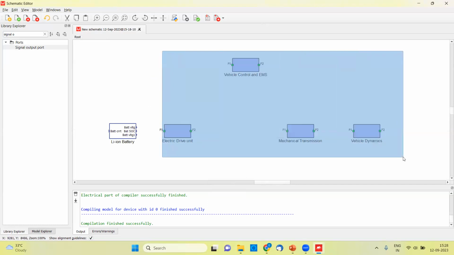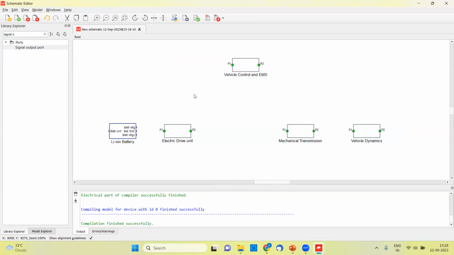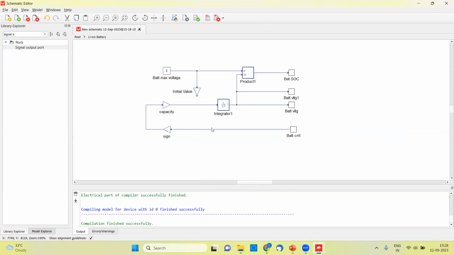Basically, by using all these 4 subsystems, we are calculating the current that is being given to the battery. And that current, as an input, when it is coming to the battery, we are basically reversing the sign of that current. And that we are going to multiply with the capacity in order to generate the calculated battery voltage. So this is the kind of mathematics involved behind this design.